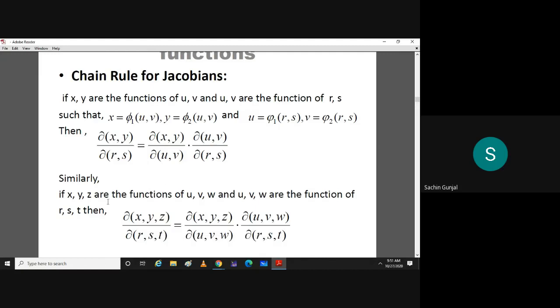If x, y, z are functions of u, v, w, and u, v, w are functions of r, s, and t, then the Jacobian of x, y, z with respect to r, s, t is the Jacobian of x, y, z with respect to u, v, w into the Jacobian of u, v, w with respect to r, s, t. So just note it down, chain rule for Jacobians.